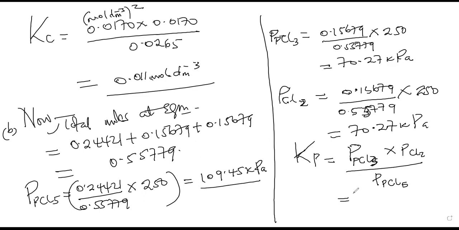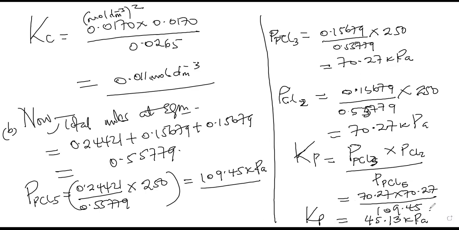Then you substitute. So it is going to be 70.27 times 70.27, everything divided by 109.45. And you get your value of Kp as 45.13 kilopascals. Yeah, so that is how you would be expected to do this question.